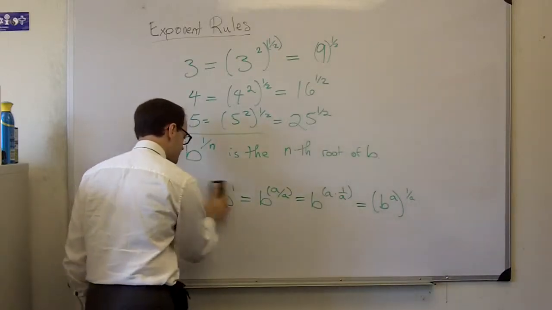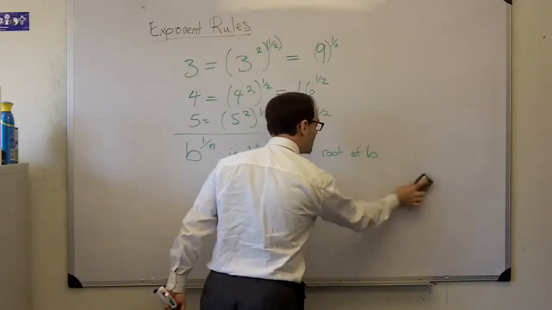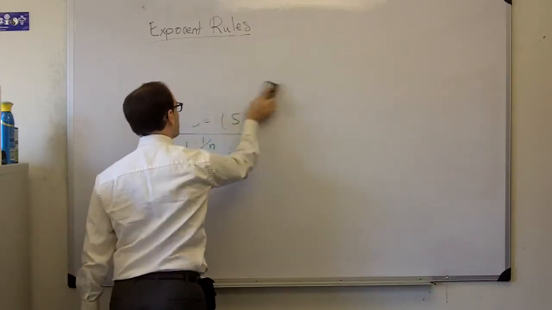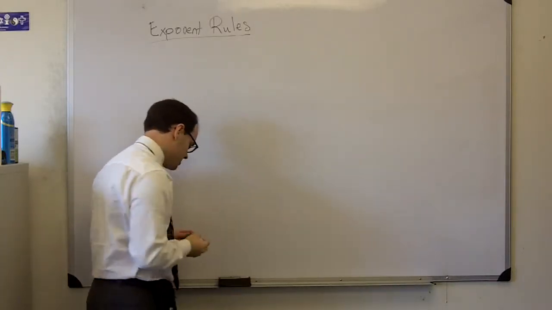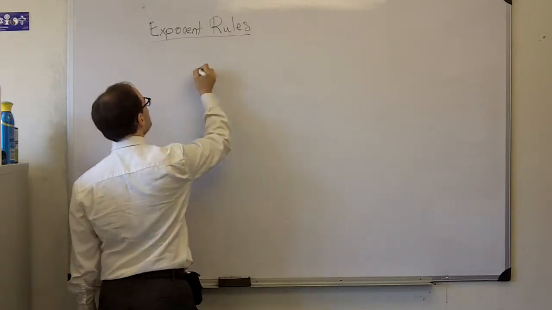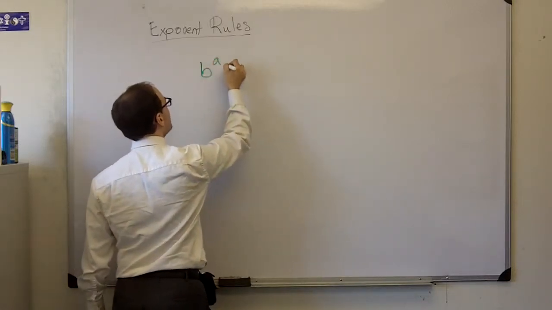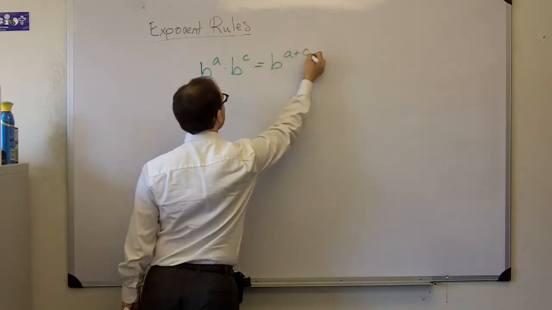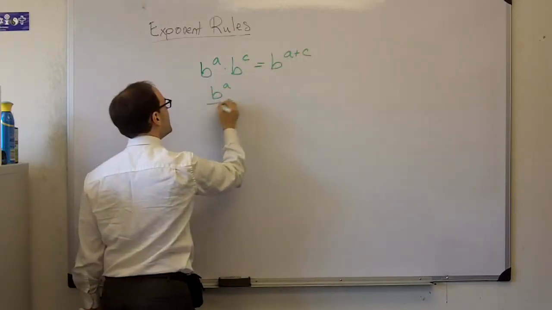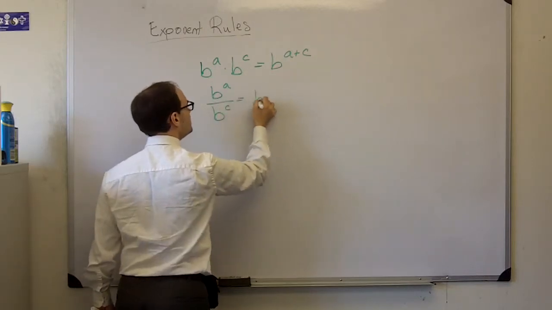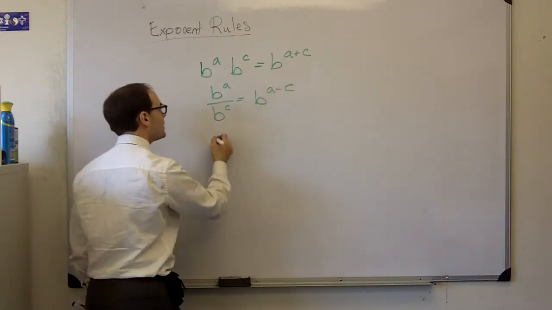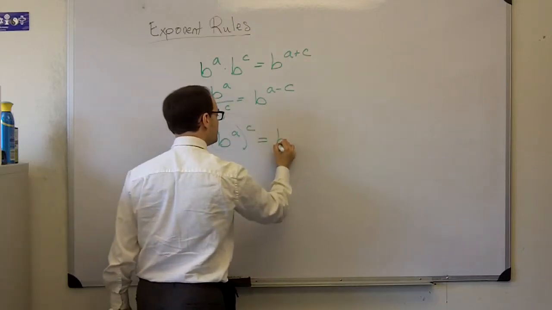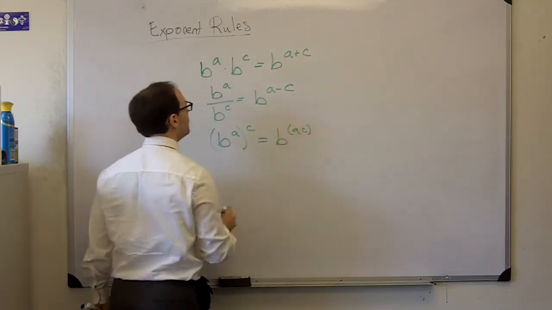So let me summarize a bunch of exponent rules that are worth knowing and writing down, at least until you get them good. The first one is b to the a times b to the c is b to the a plus c. B to the a divided by b to the c is b to the a minus c. And b to the a to the c is b to the a c.